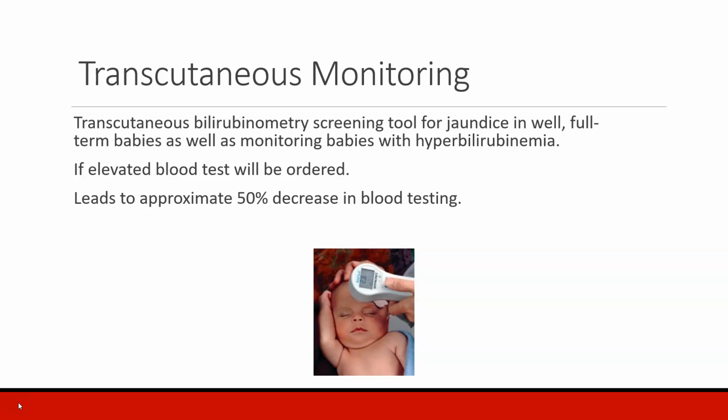It's actually measuring the yellowness of the baby's skin, and that's caused by bilirubin being deposited in the tissues. This leads to an approximately 50% decrease in blood testing in the full-term infants, and a method to monitor babies who do have increased bilirubin.